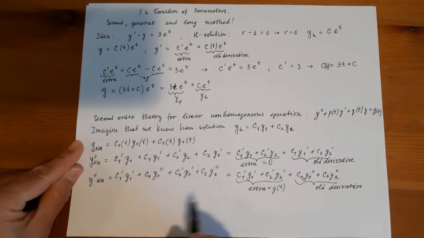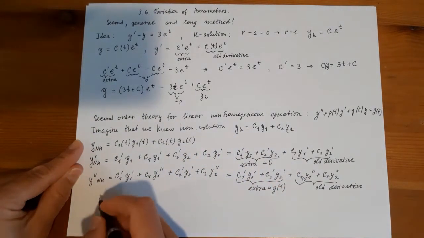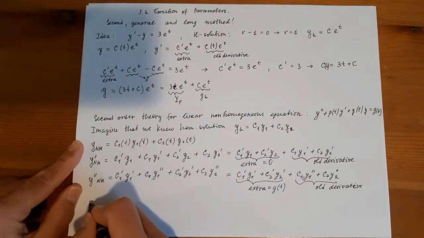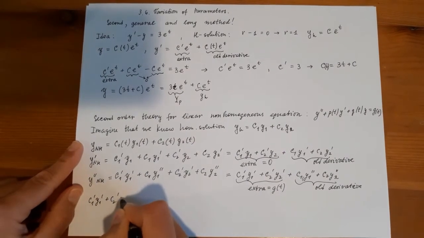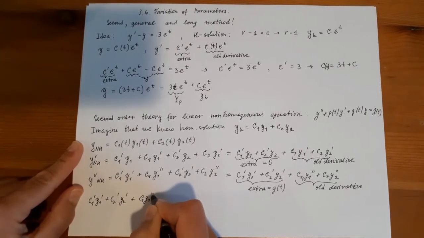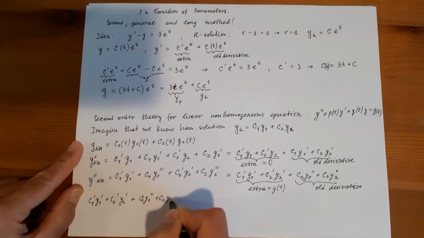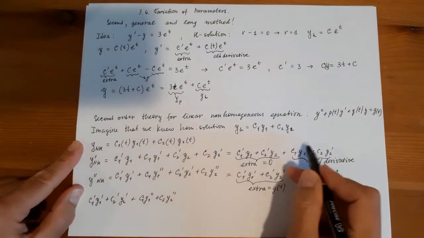So let me do the substitution of the second derivative, the first derivative, and the function itself, okay? I'm going to start with the extra term: c1 prime y1 prime plus c2 prime y2 prime, plus c1 y1 second derivative, c2 y2 second derivative. From this one, we already set it to 0, so we're not going to copy it. We're just going to copy this.